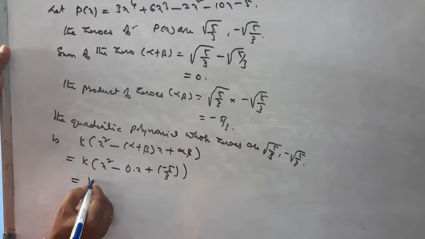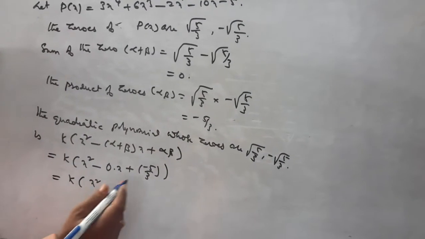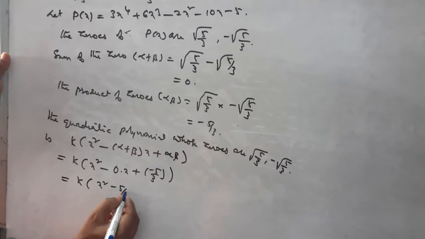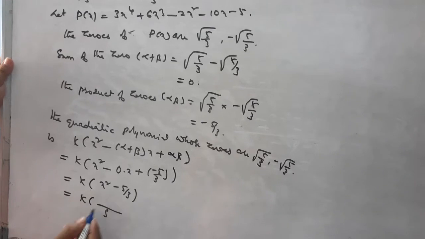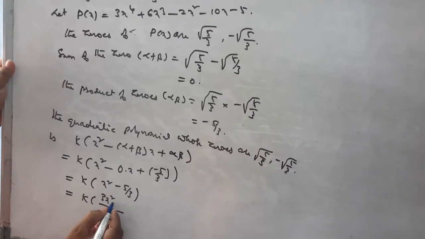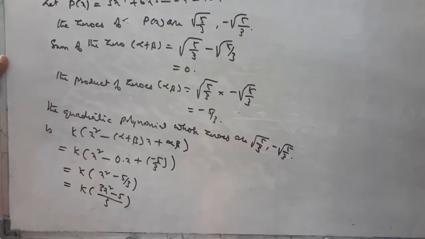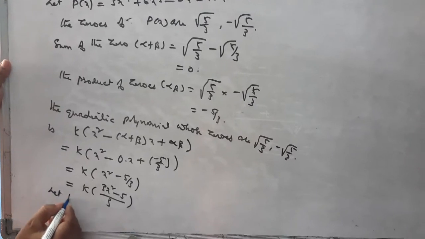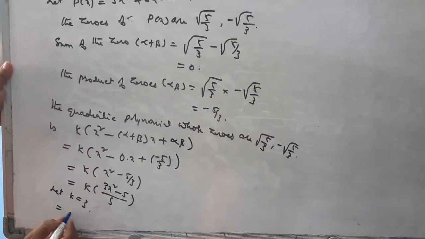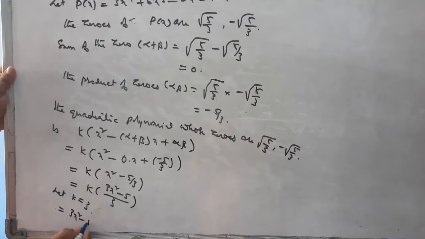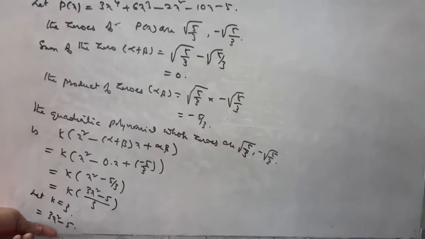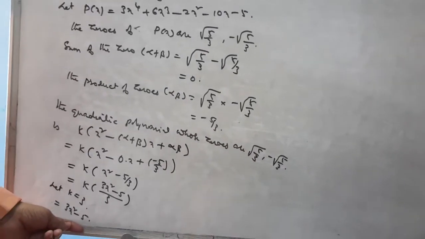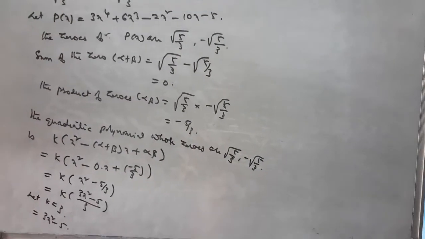So that is k into x square plus minus 5 by 3. Here the LCM is 3, so let k equal to 3, we will get 3x square minus 5. So this 3x square minus 5 is a factor of p of x.